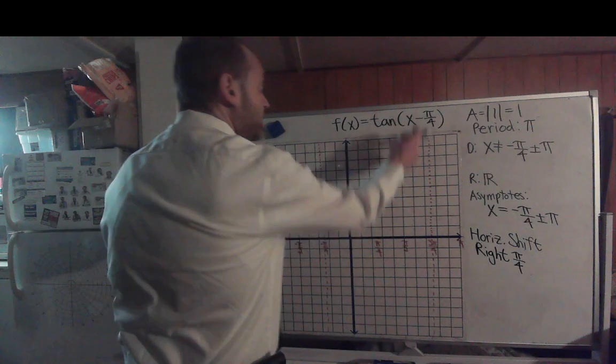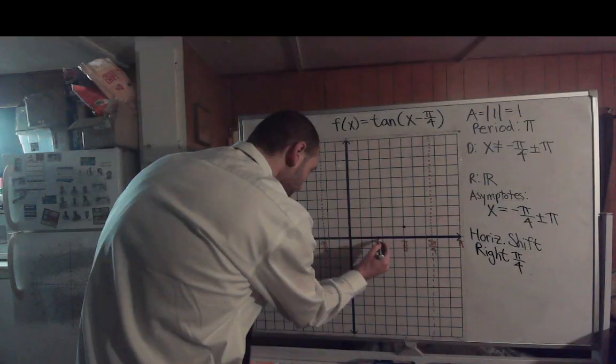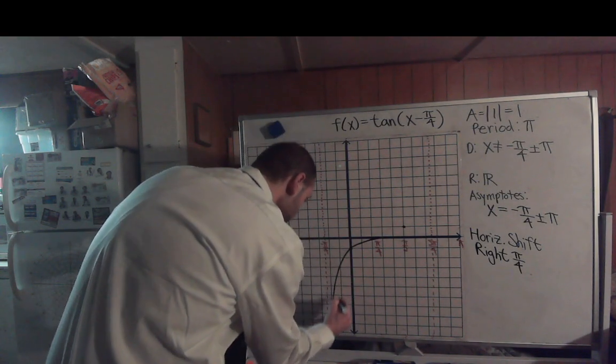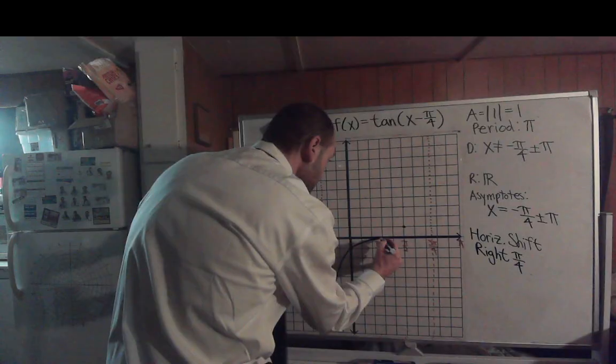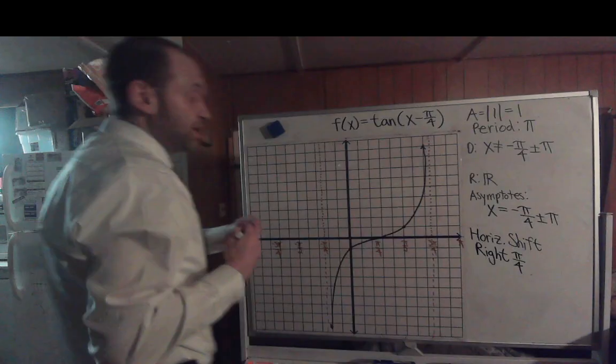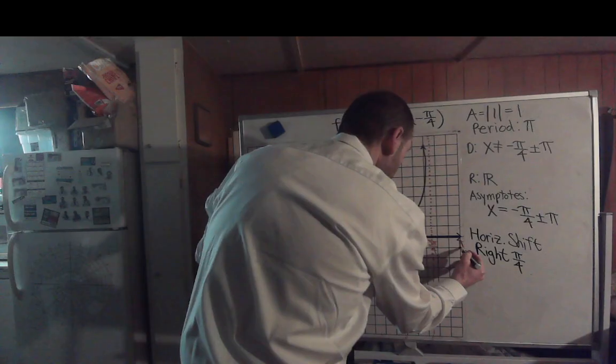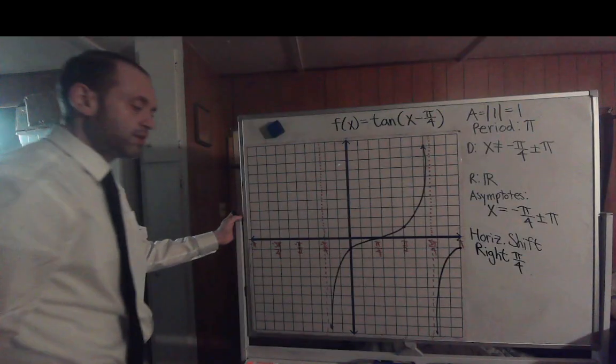If you put in pi over 2, you'll get the tangent of pi over 4, which is 1. Alright, now if we put in pi, you'll get the tangent of 3 pi over 4, which is negative 1. And then it just kind of trails off there because we've reached the end of the period.